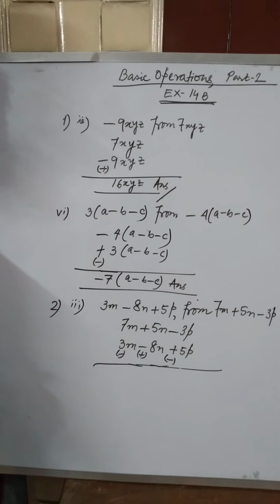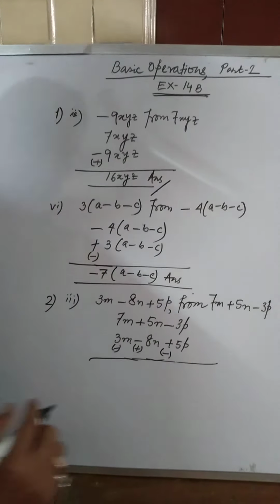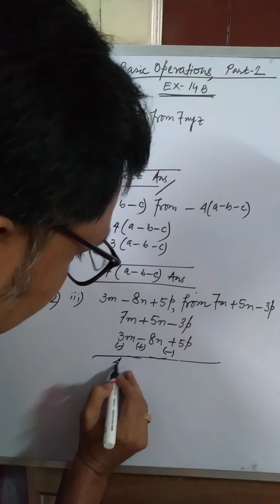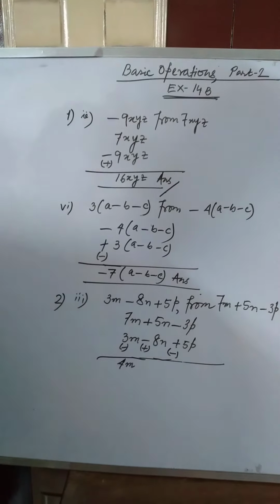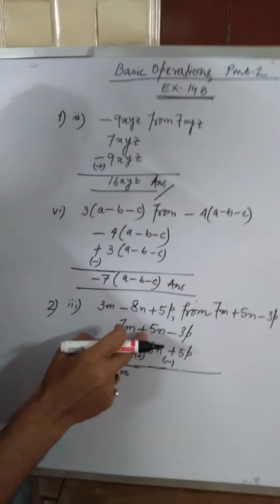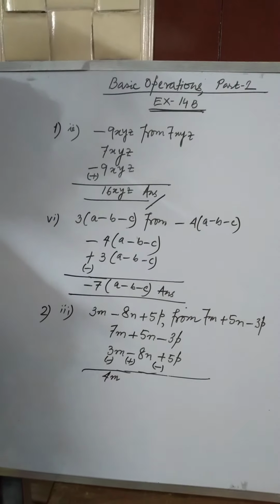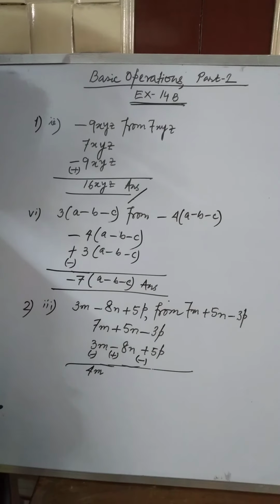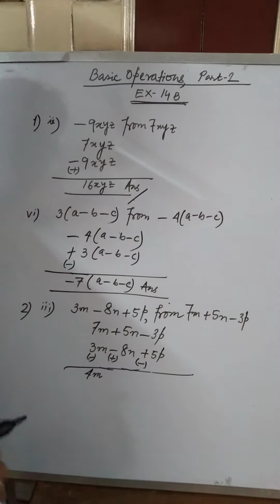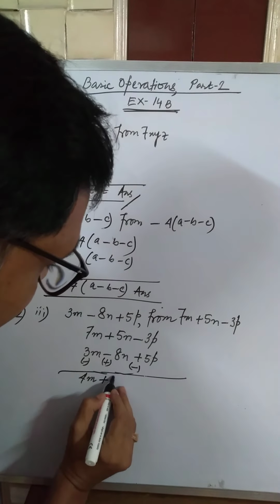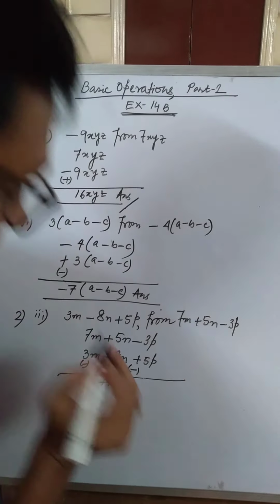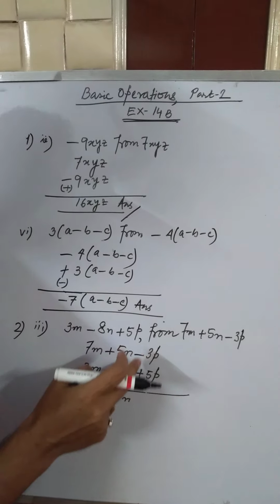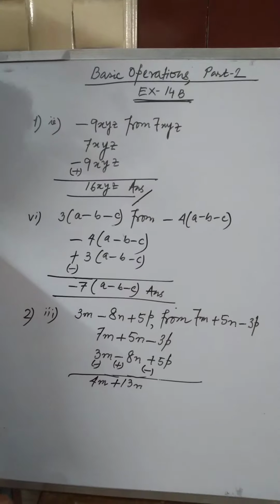So 7 minus 3, that is 4. So here the result is 4m. Now consider plus 5n plus 8n. So simple addition: 5 plus 8, result is 13. So plus 13n.